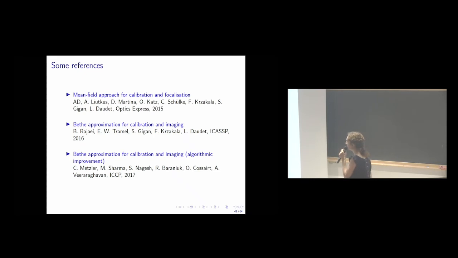And after that, you have this paper written by Christopher Messler, who also worked on a better approximation, with a specific algorithm improvement. So this is a very good paper I can mention.